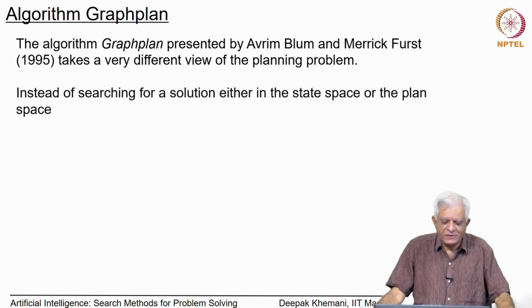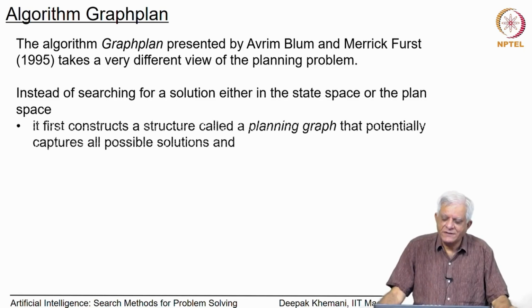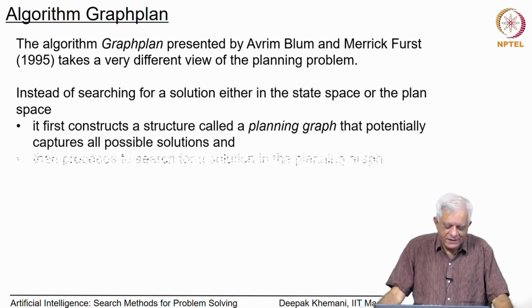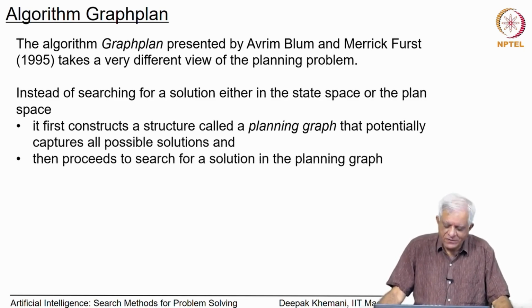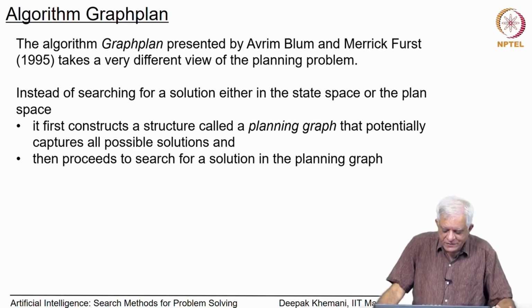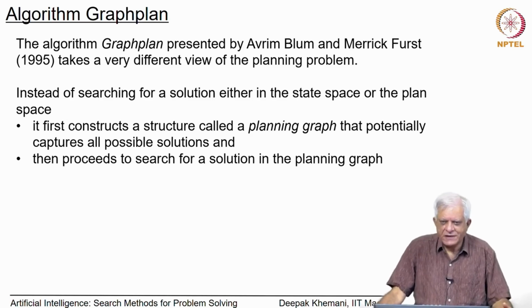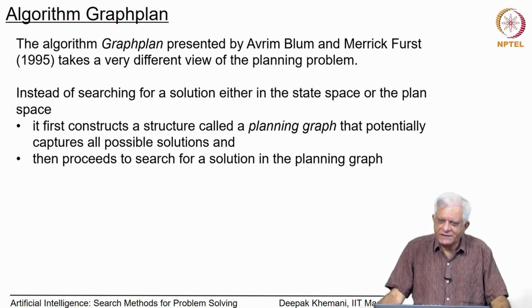Instead of searching for a solution either in the state space or the plan space, it constructs a structure which is called a planning graph that potentially captures all possible solutions and then proceeds to search for a solution in the planning graph. So, at the outset, maybe I should clarify that it is not that it constructs the entire structure which contains all possible solutions.